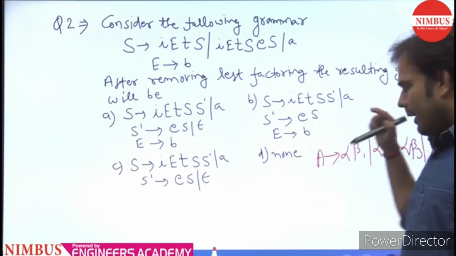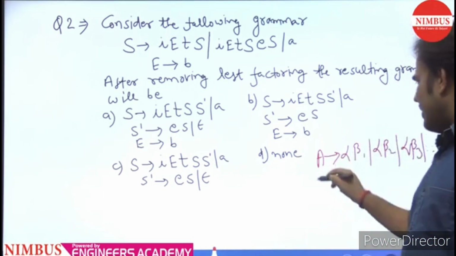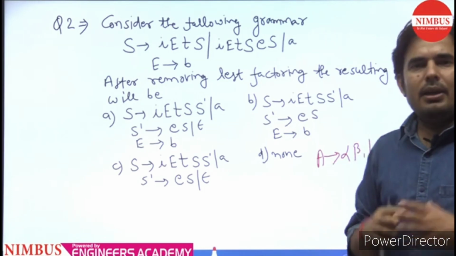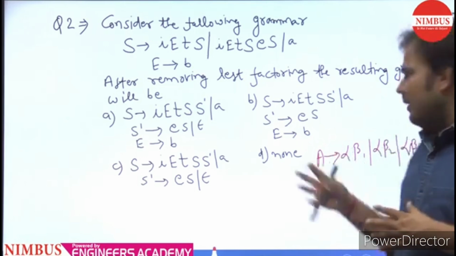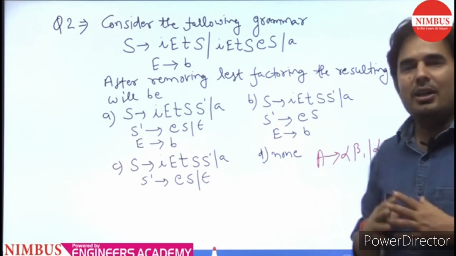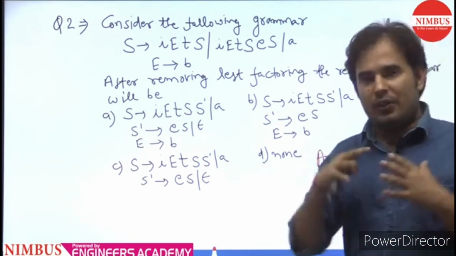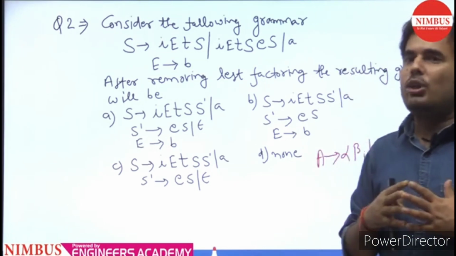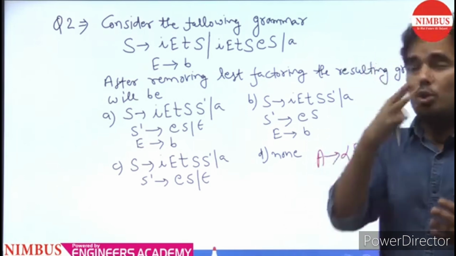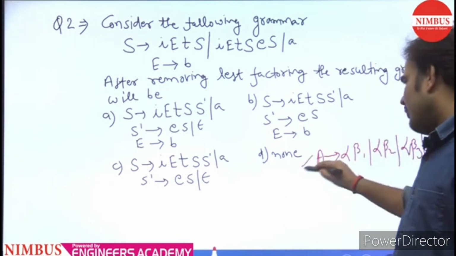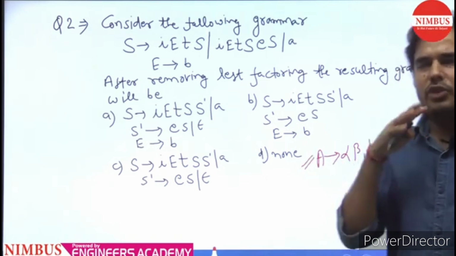If in the grammar we have these types of productions, then to remove that production from the grammar, and that production is called what? Left factoring. So to remove the left factoring from the grammar, we need to add two productions at the place of this production.